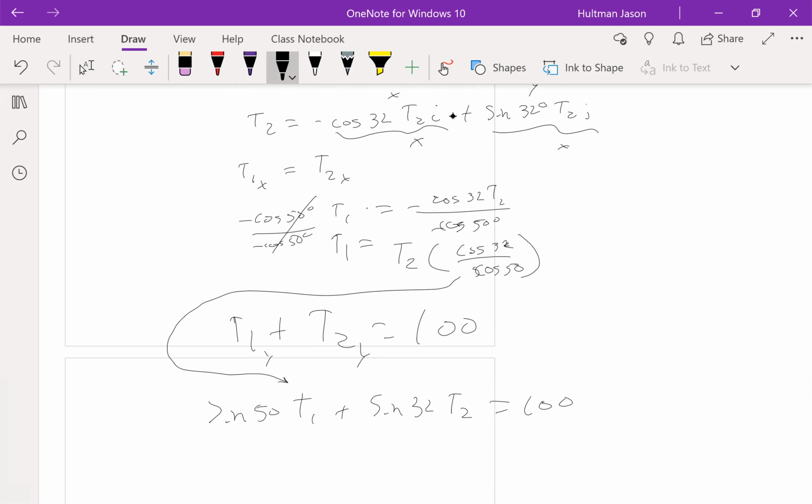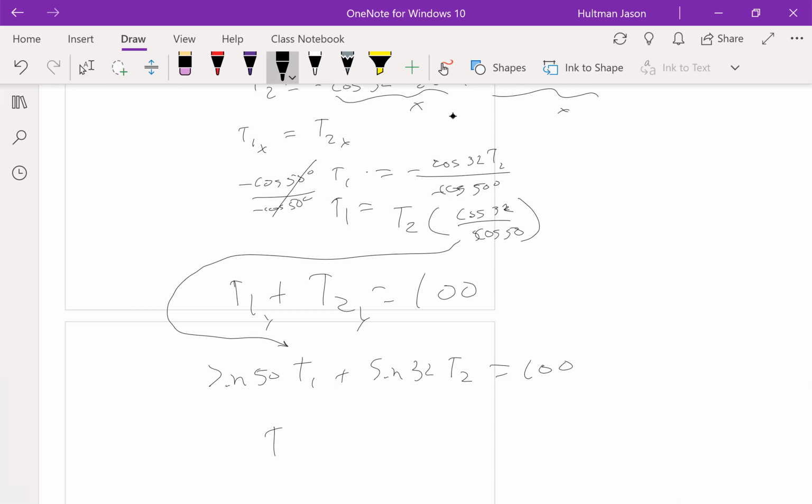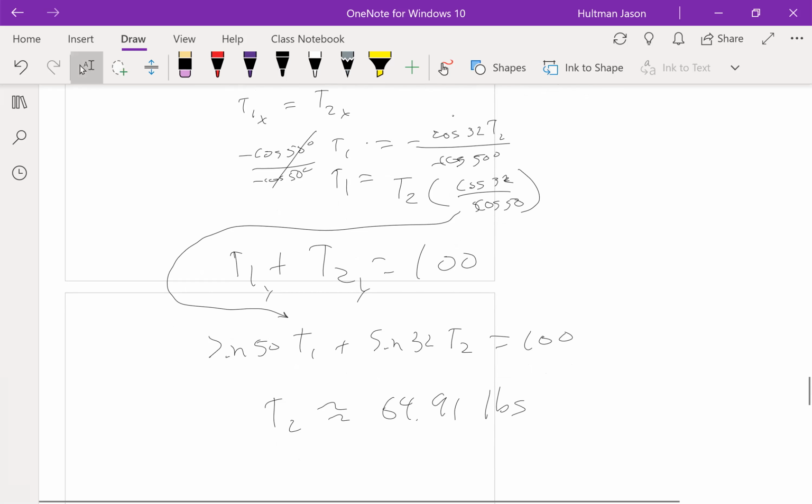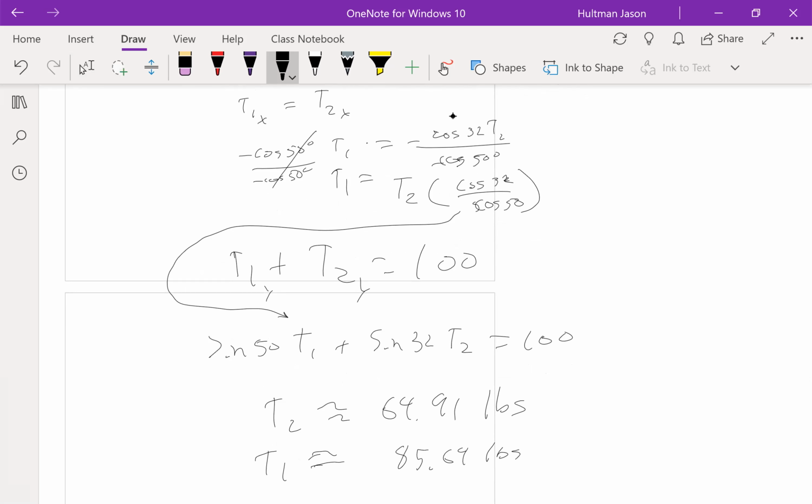Couldn't I just sub that in for T1 and then solve for T2? It's exactly what we do. And we come out with T2 approximately 64.91 pounds, and then we sub back in and we get T1 approximately 85.64 pounds. Okay, and that's all.